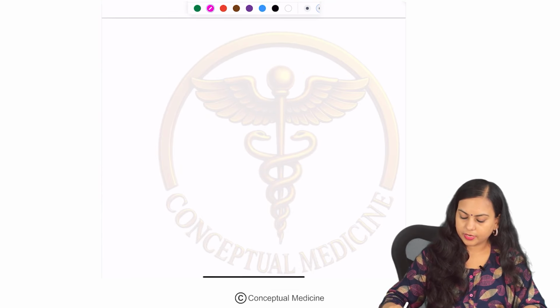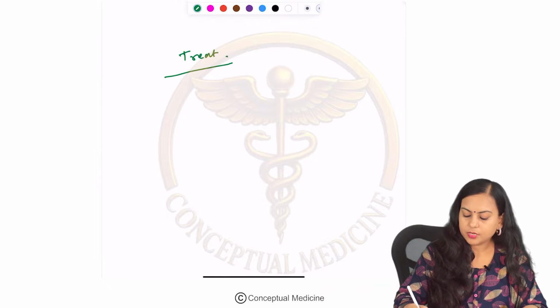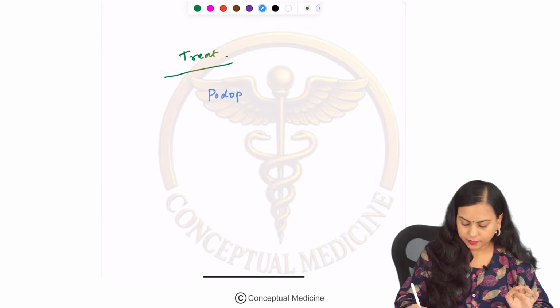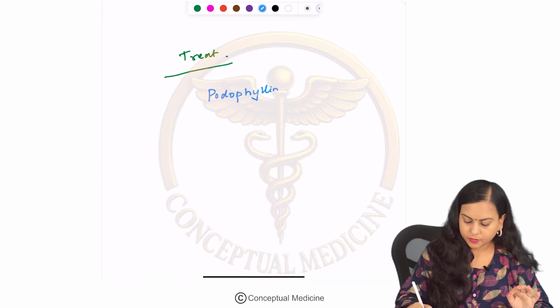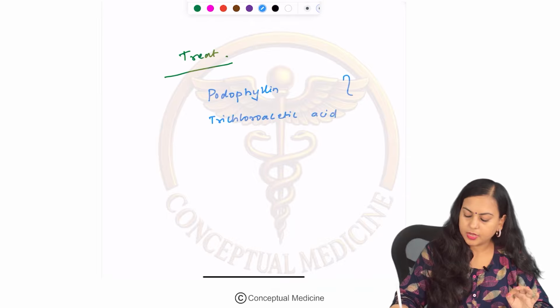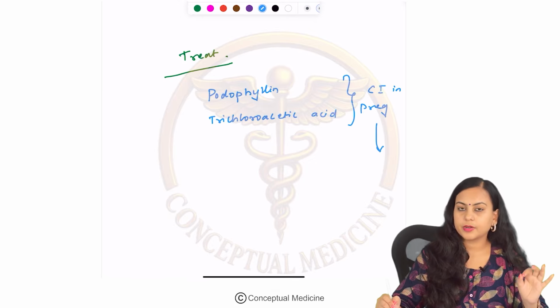Now, how will you treat these patients? Treatment can be given with podophyllin or trichloroacetic acid, but these are contraindicated in pregnancy. So what will you do in pregnancy?